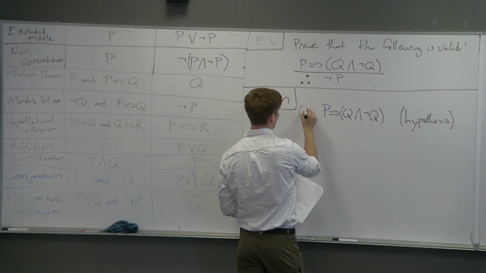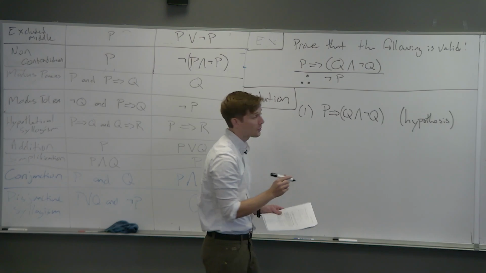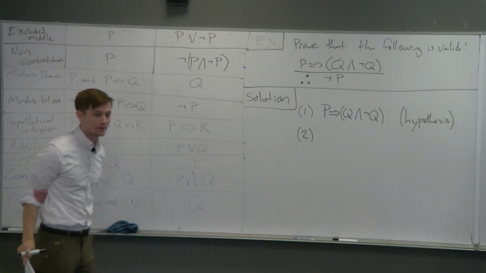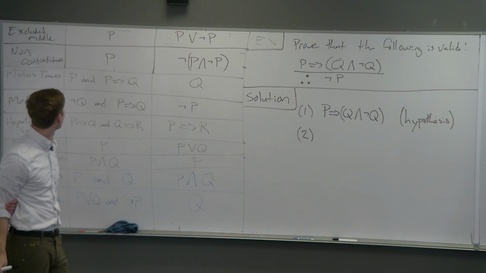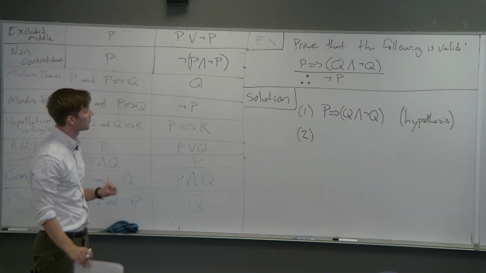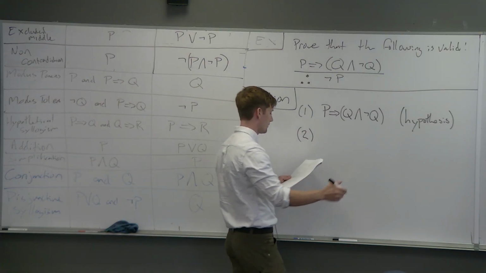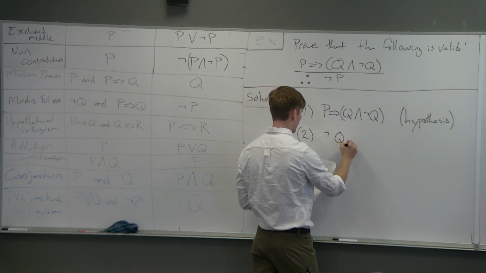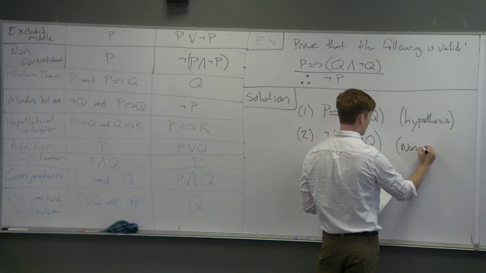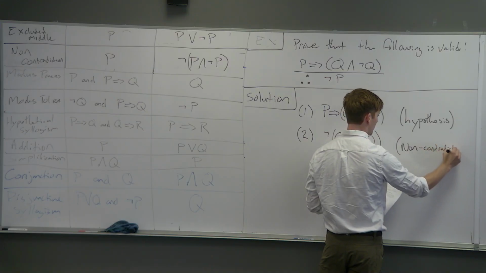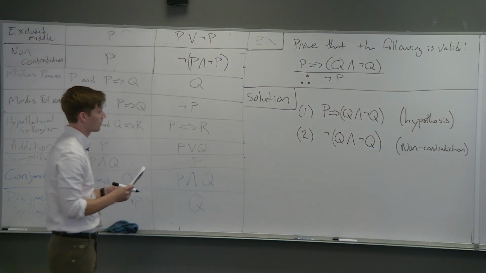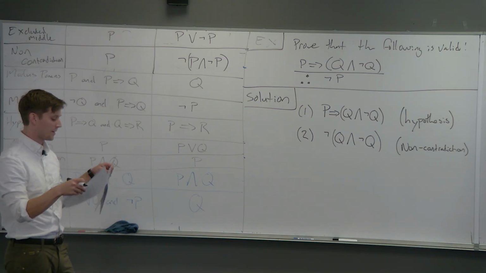Okay. We're going to label each step that we have. So it's step number 1. Step number 2, any ideas? Law of non-contradiction will certainly tell us some good stuff. So, actually, let me make sure I've said something correctly.